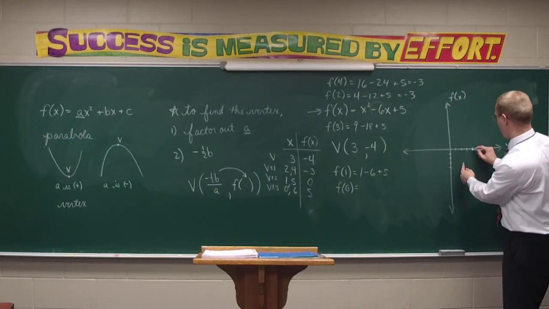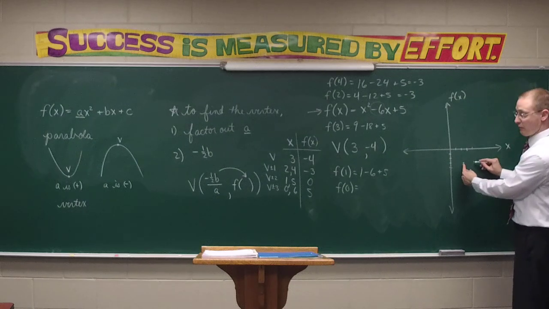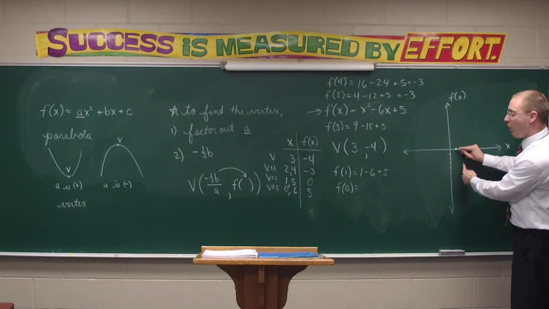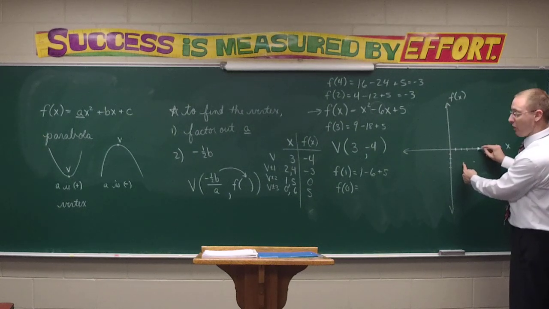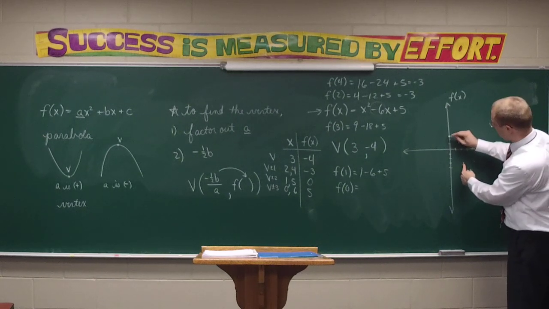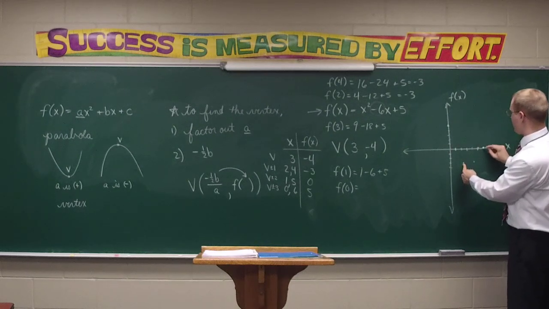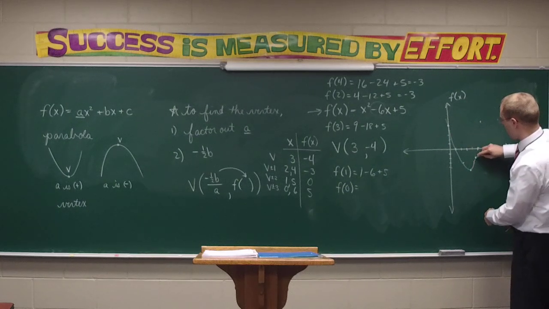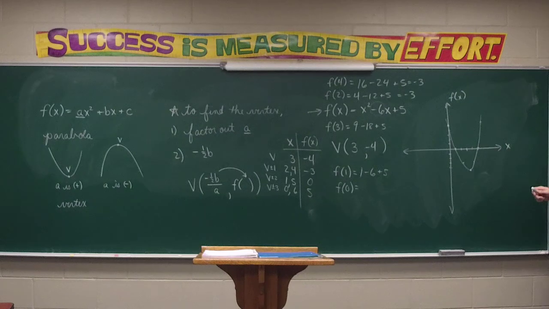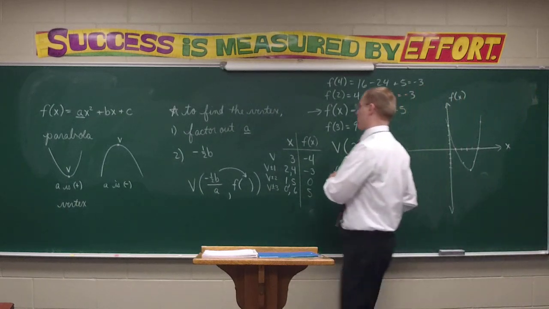That's going to be 2, negative 3, and 4, negative 3. 1, 0, and 5, 0. 0, 5, and 6, 5. And that gives me a number of points. We don't need a straight edge, obviously. We could connect to get our parabola to look a lot better than that because I'm not doing it backhanded. But you get the idea? We can quickly get points because of this symmetric shape of the parabola.